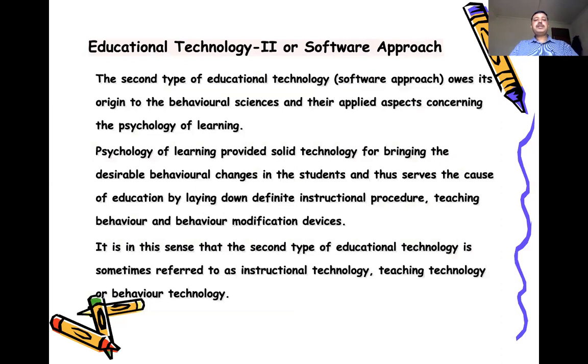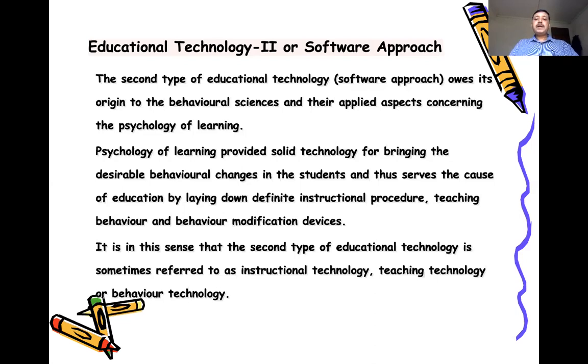The second approach is education technology 2 or software approach. The software approach owes its origin to the behavioral sciences, their application aspects connecting the psychology of learning.